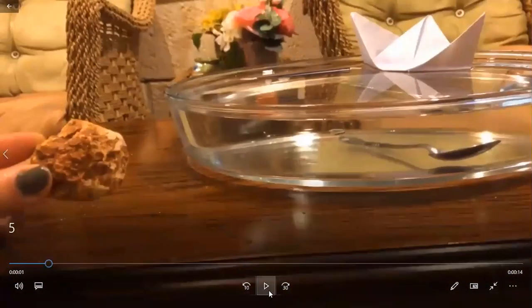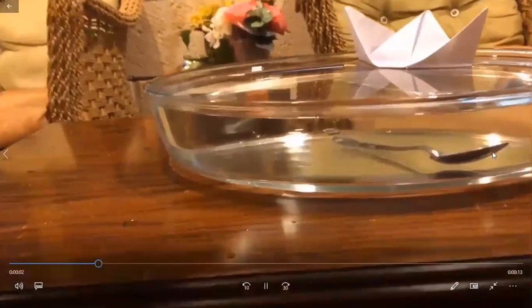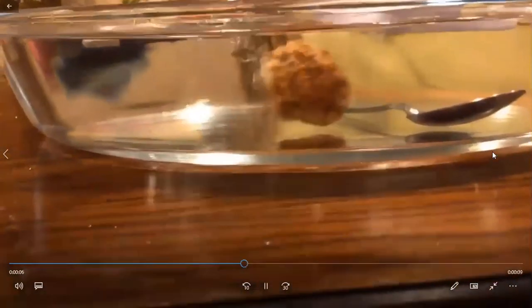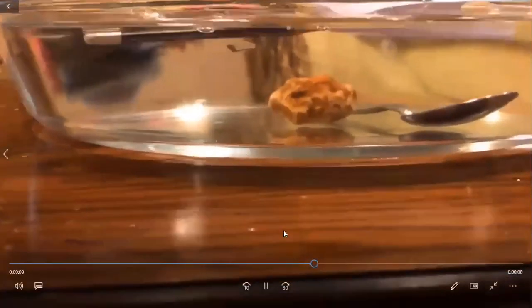Uh-oh, it sinks. So again, we have a stone, and the stone sinks. Good.